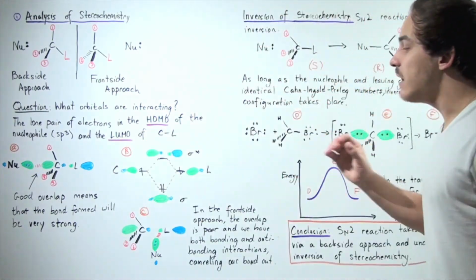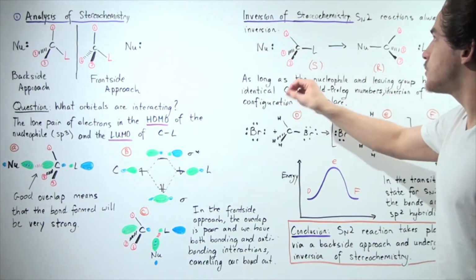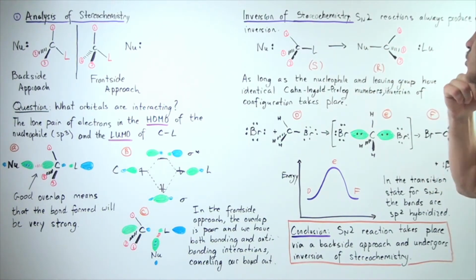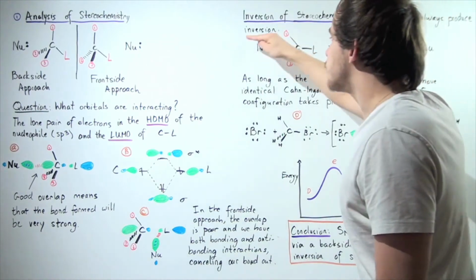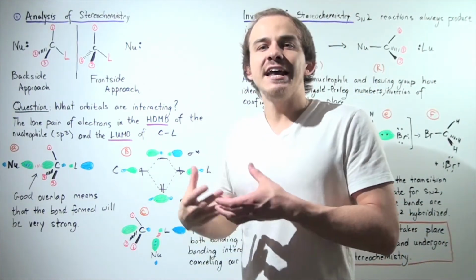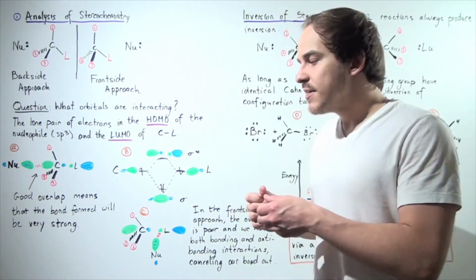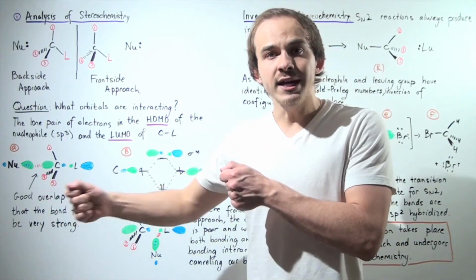All right. Now let's discuss the inversion of stereochemistry. SN2 reactions always produce inversion. They always undergo inversion in the same way that an umbrella inverts in the wind.